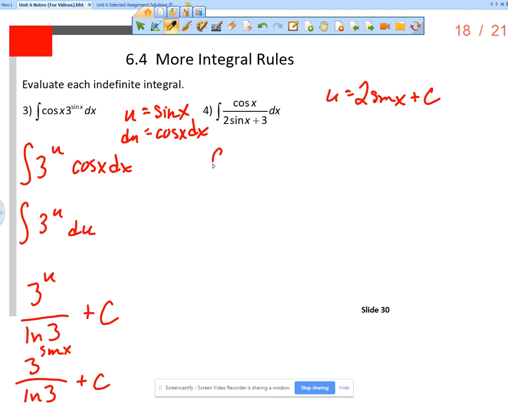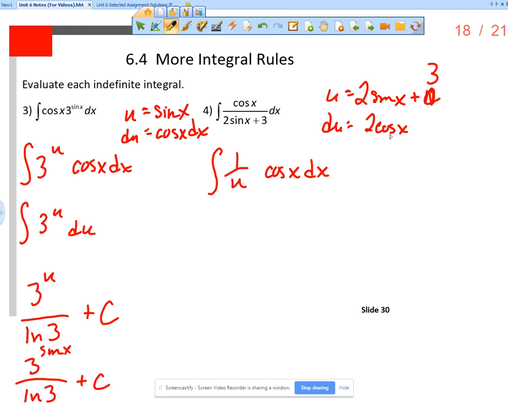And so that means the integral of 1 over u, and then I have cosine x dx. Now, was this u a good choice? Well, what's the derivative of 2 sine x? It's 2 cosine x. Sorry, I put plus c there. That should be a plus 3 there. And the derivative of 3 is 0.